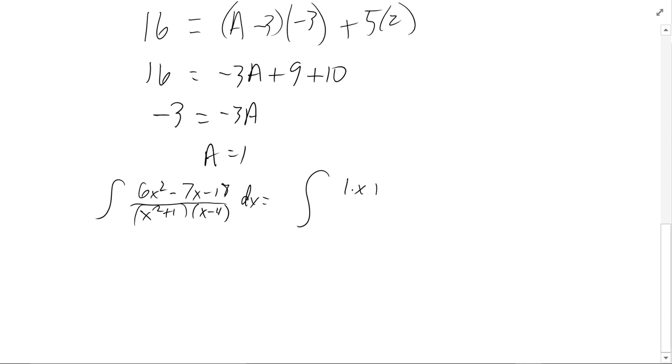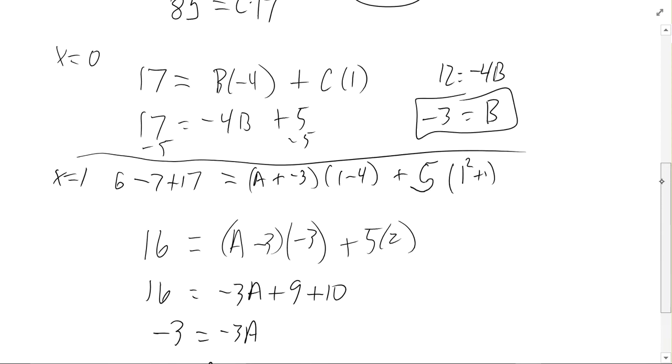It was ax plus b, and b I think was negative 3, all over the x squared plus 1 plus c over the x minus 4 term. And I'm going to split that up into two separate integrals.